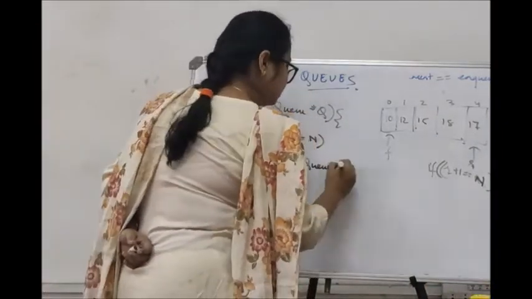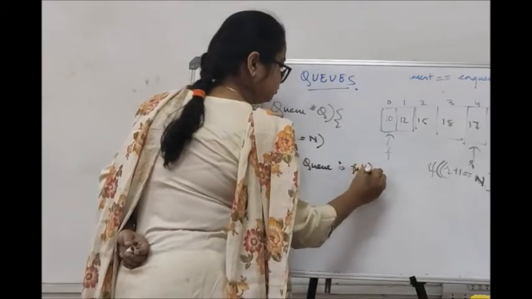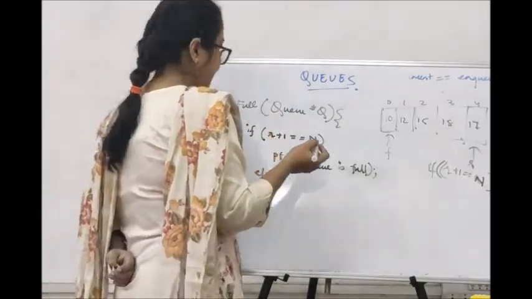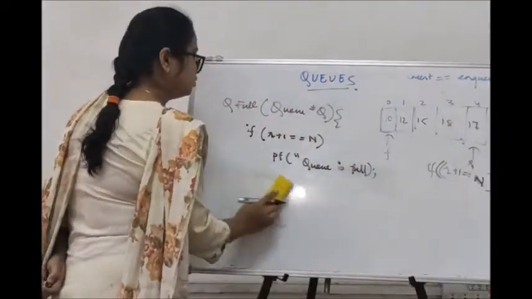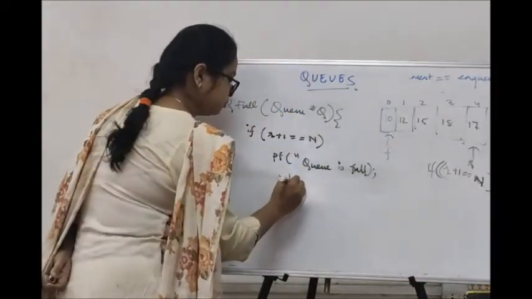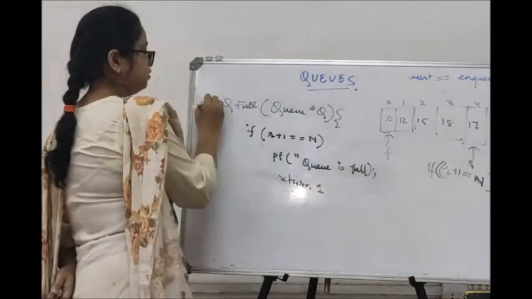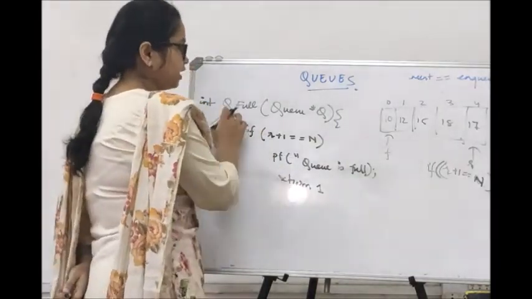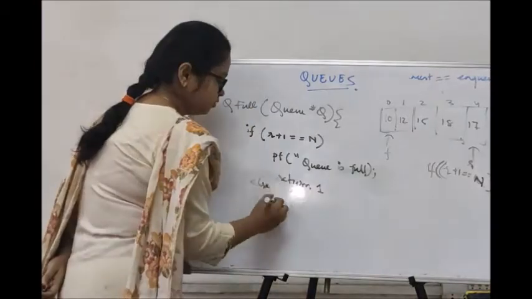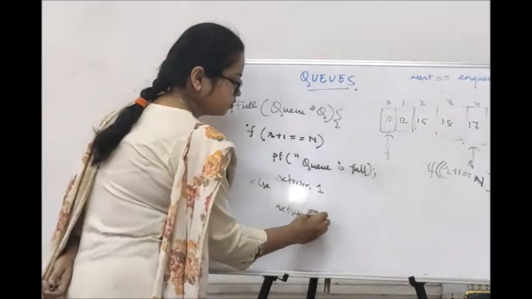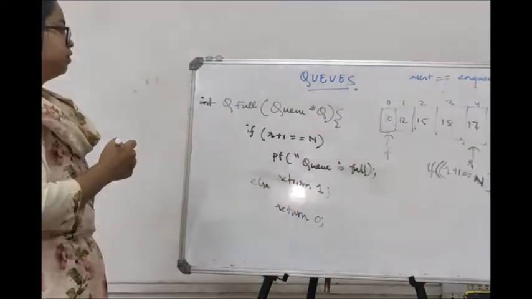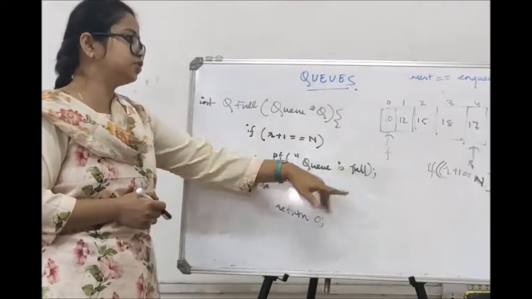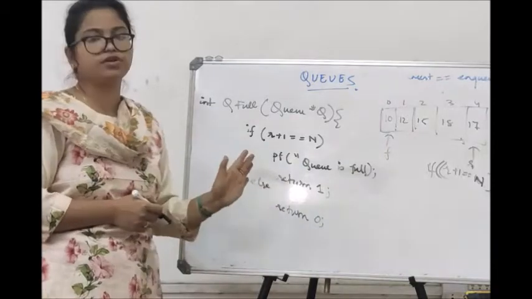Else, Q is full, return 1. The return type is integer. Return 1, that is true, that is Q is actually full. Else, return 0. 0 means false. That means Q is not full. If this condition is true, that means Q is full and it will return 1. Otherwise, it will return 0.